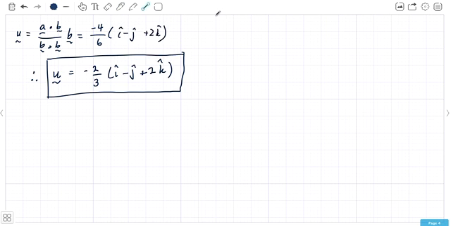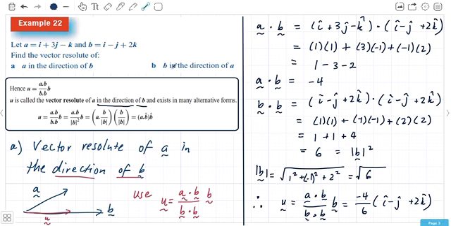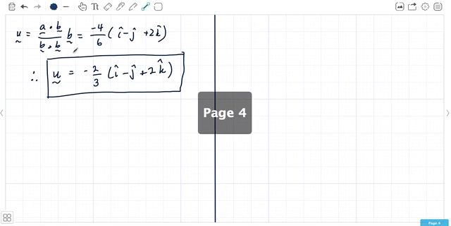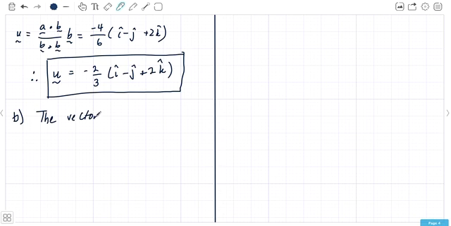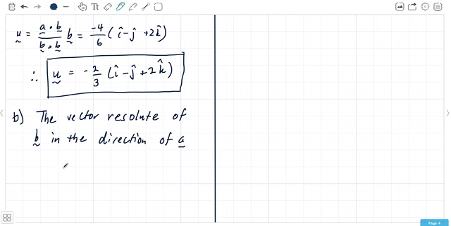Now for the next part of the question, we wanted the opposite, which was B in the direction of A. So I'm going to redraw. For part b, we want the vector resolute of B in the direction of A. In this case, the picture looks a little bit different.